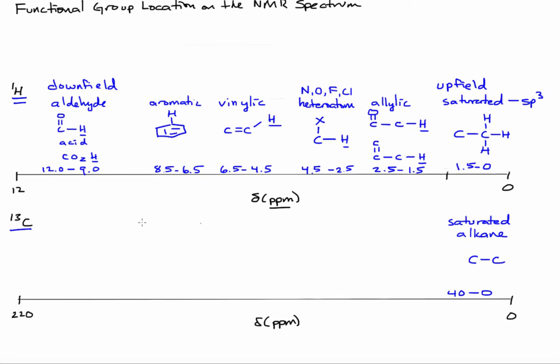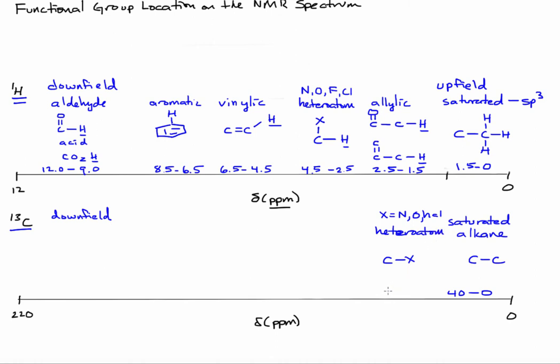Where we're again moving downfield, so again this is downfield as well. We're going to find carbons bonded to heteroatoms, so CX, where X is equal to nitrogen, oxygen, or halogen. So heteroatom bearing carbons.